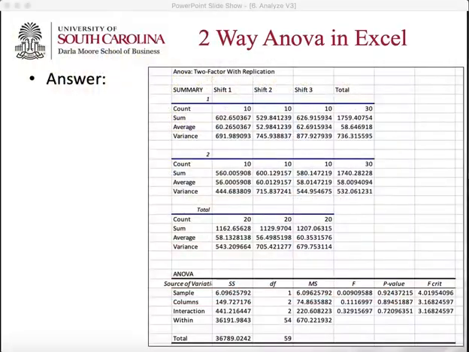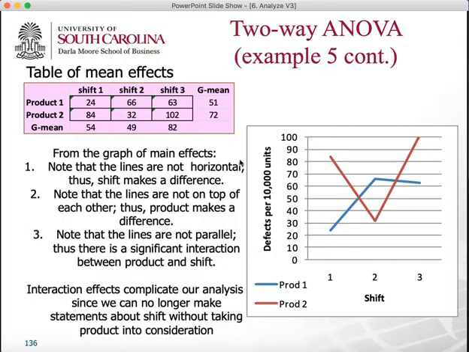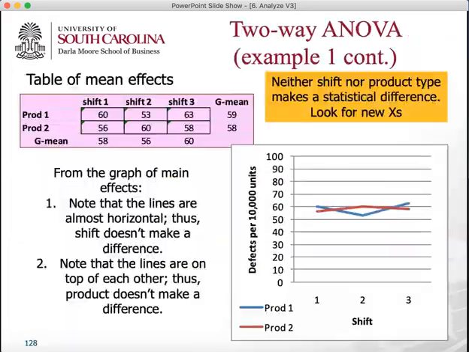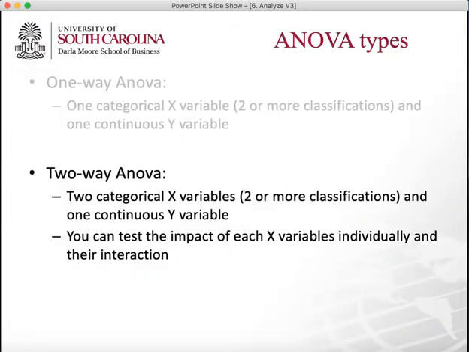Let's begin with analyze. So we're still digging into analyze, and we have a bunch of things to see. So we're in ANOVA. We looked at one-way ANOVA. If you remember, the one-way ANOVA is the one where I have an attribute, a categorical variable as x, and a continuous variable as y.